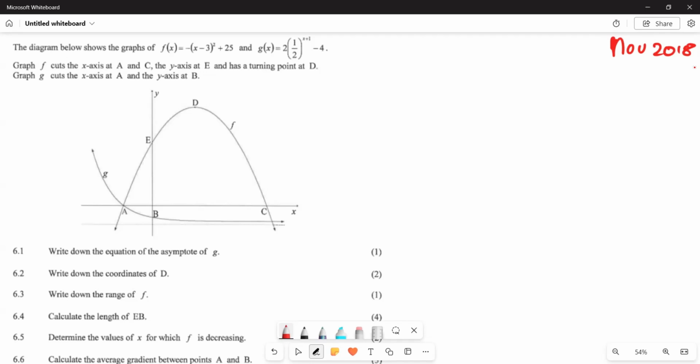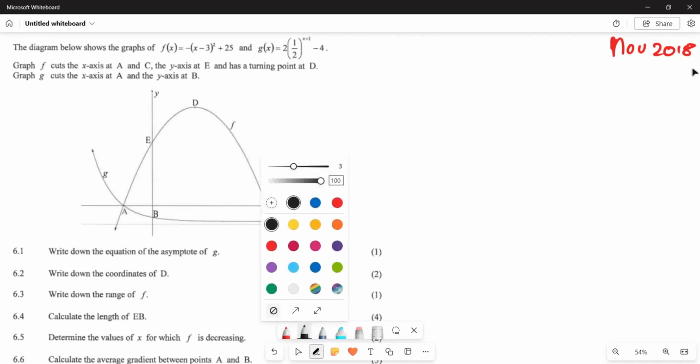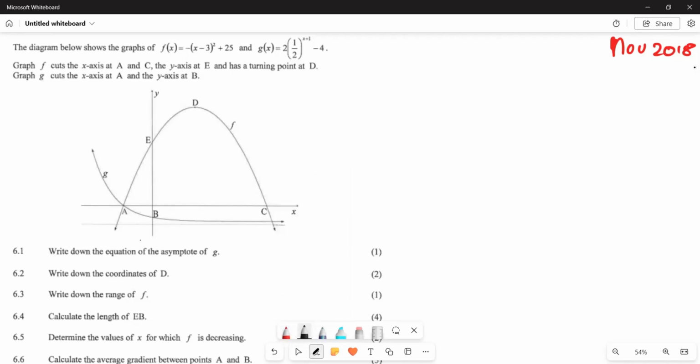Let's see what is the first thing they require us to do here. They want us to write down the equation of the asymptote for the graph of g.